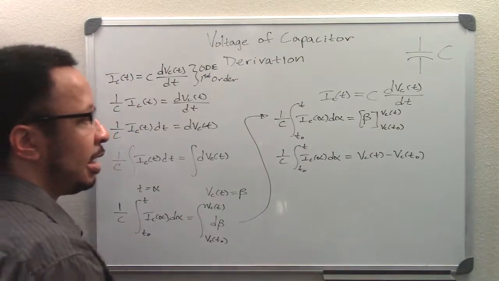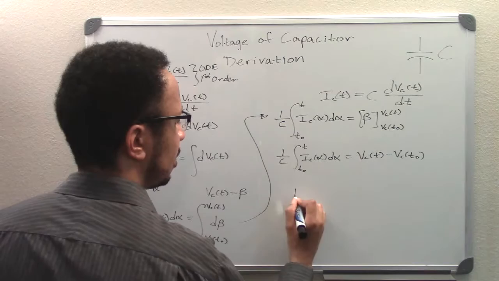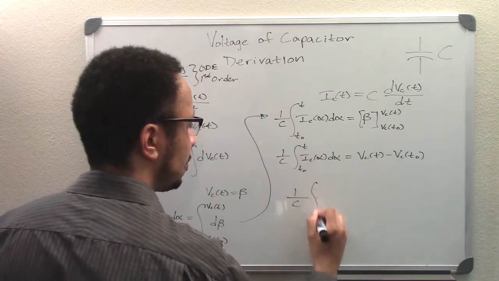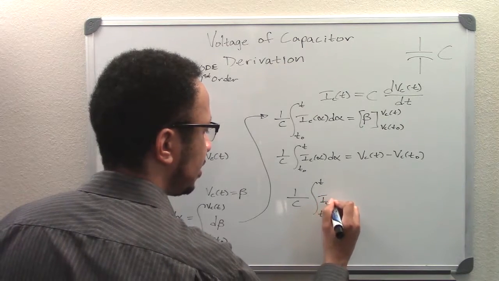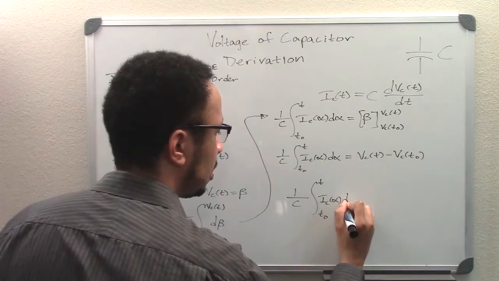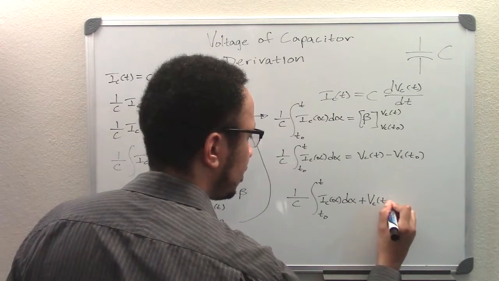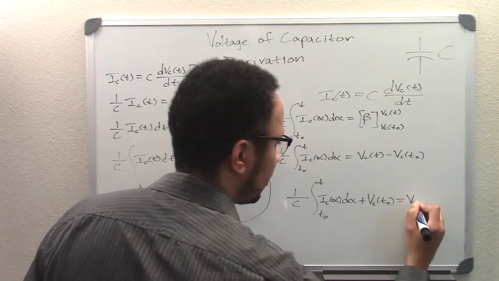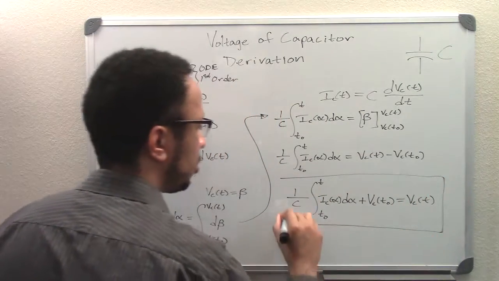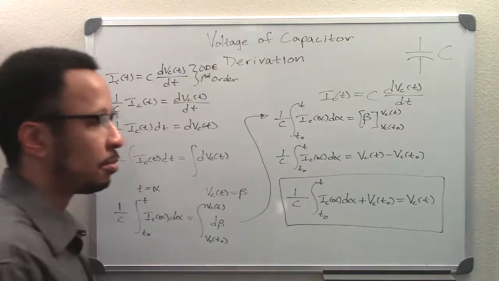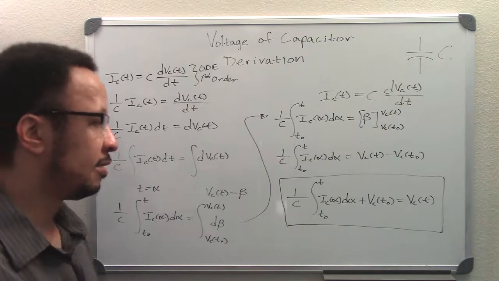We'll bring vC(t sub 0) over to the other side, and then finally that gives us 1 over C, integral from t sub 0 to t of iC(alpha) d alpha, plus vC(t sub 0), equals vC(t). So this is the expression that we will find in textbooks for the voltage of our capacitor with respect to time.